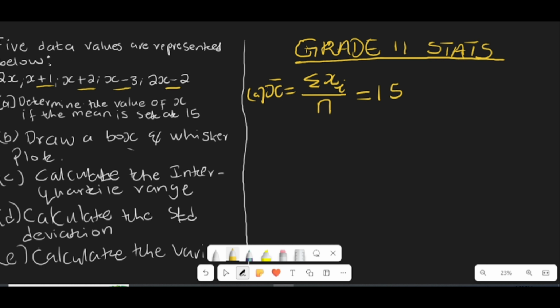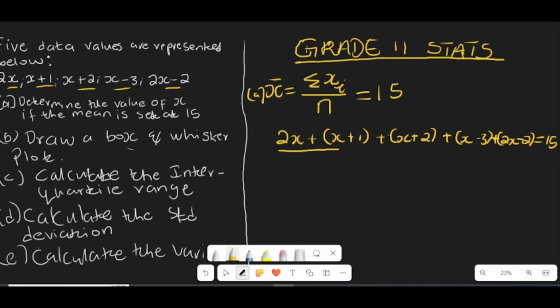How many data values are there? 5. Now let's go ahead and substitute into our formula. 2x plus x plus 1 plus x plus 2 plus x minus 3 plus x minus 2 is equal to 15.